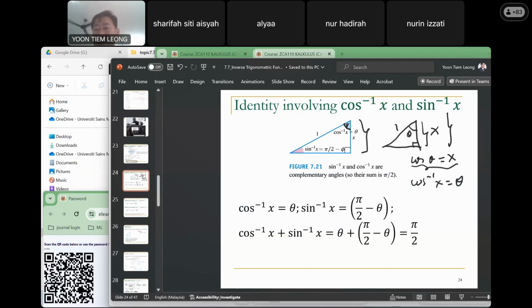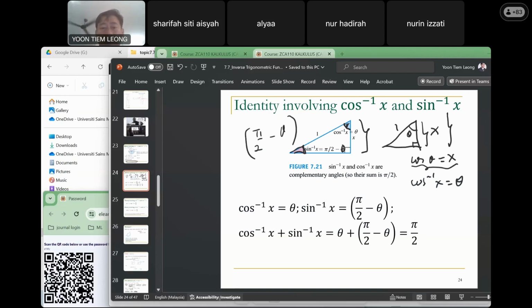Once you have done that, you can try to take the angle here. This angle, by definition, is 90 degrees minus theta. So I think there is an error here. It should be theta instead of phi. So you have to then take the sine of this angle.